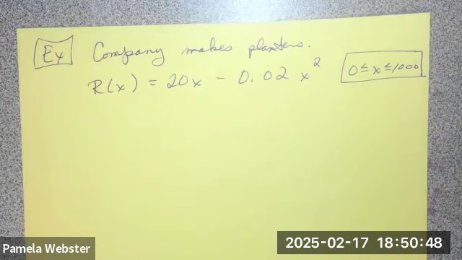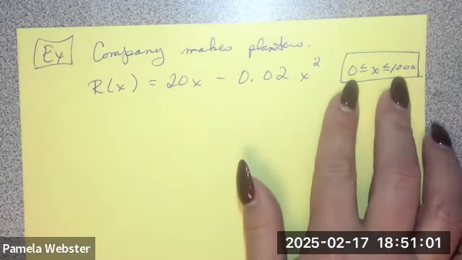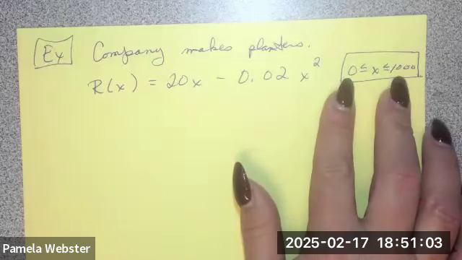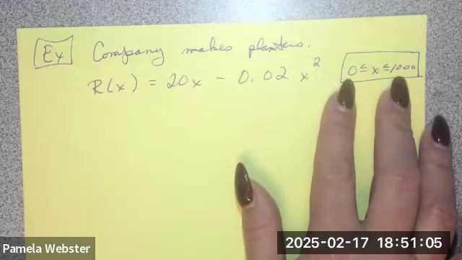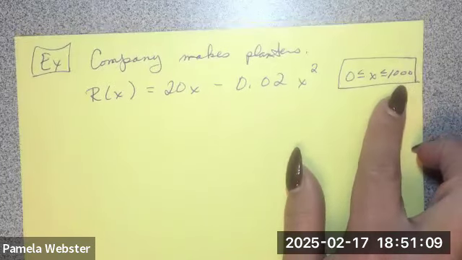Because this is revenue, this is money coming in. Somehow they figured out that you can talk about the money that you're going to bring in using this. And what is this little bit over here? Tell me. 0 is the smallest. Well, sure, I could sell no planters, right? But 1,000 is the biggest.